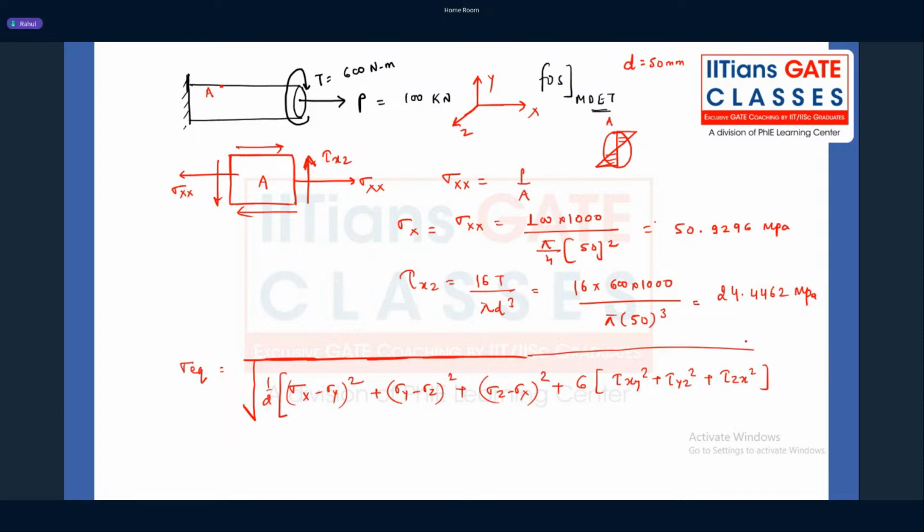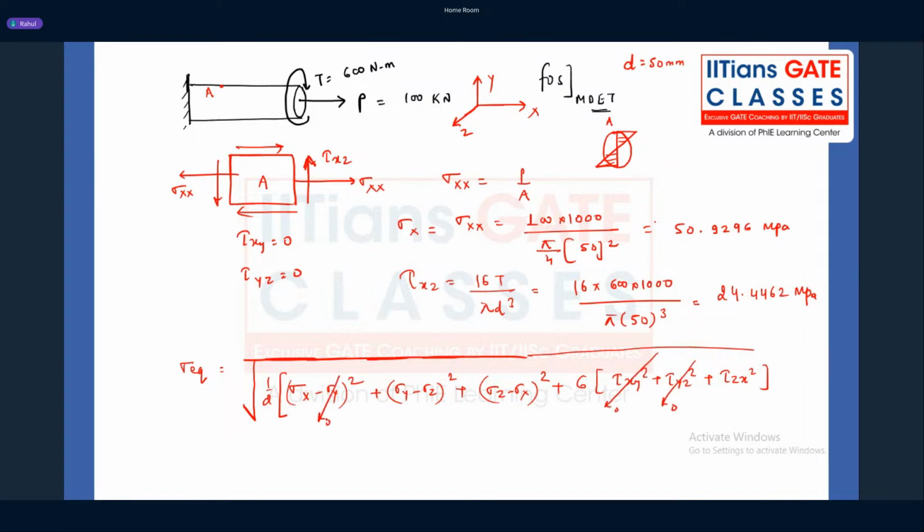But in the problem, they have not given anything regarding the information whenever the torsion is acting, twisting moment is acting. And because of that, if you take a point at that particular point, tau xy, tau yz will be 0.